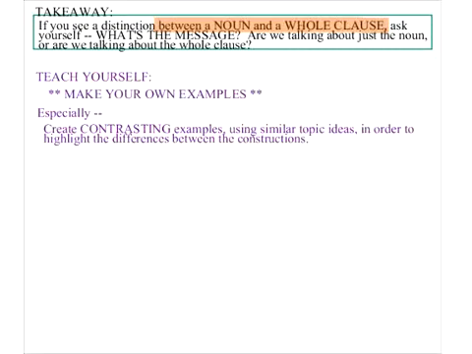Let me give you an example of what I'm talking about. Here are two sentences, both of them correct.